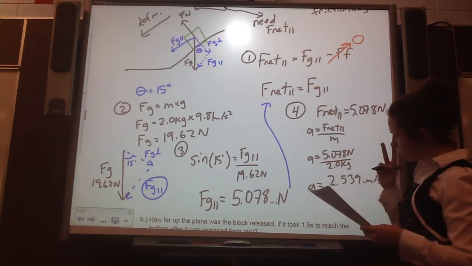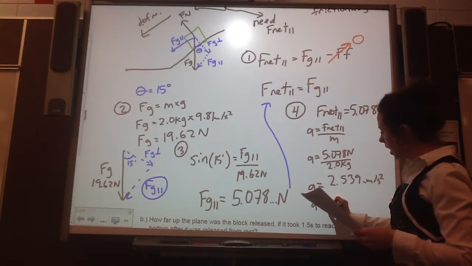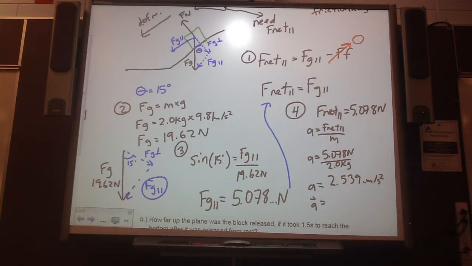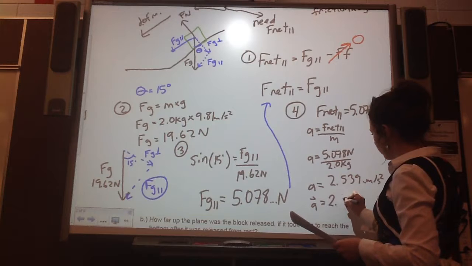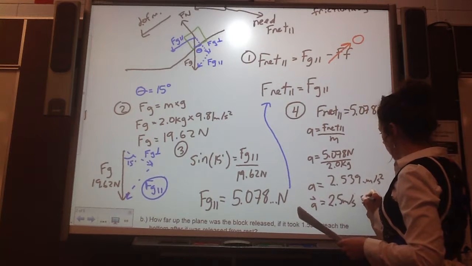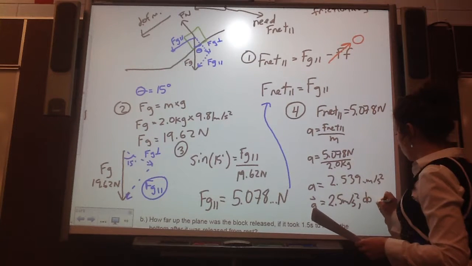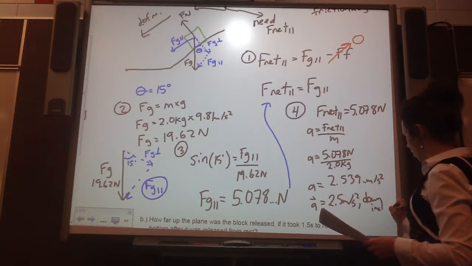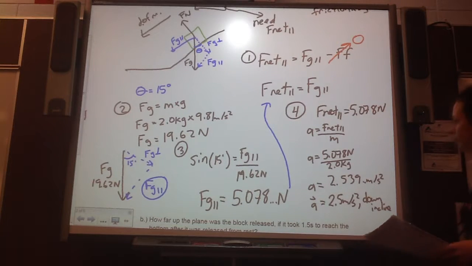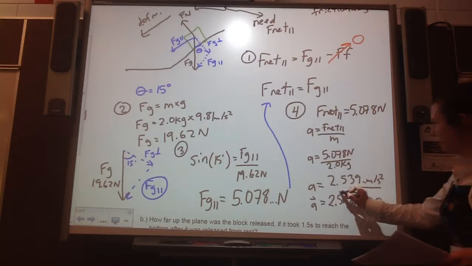So in sig digs, we need 2 sig digs, and I need to state what direction it's going. We're not given anything like east or west, but we know that it's going down an incline, so that's our direction. So this is 2.5 meters per second squared, down the incline. And that's your final answer.